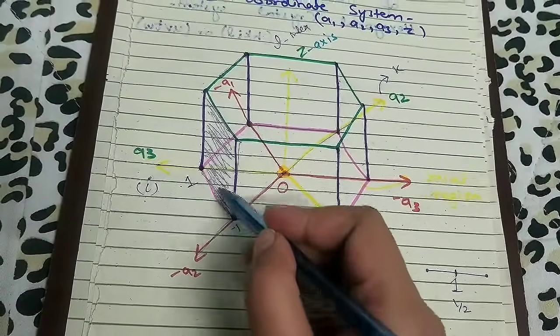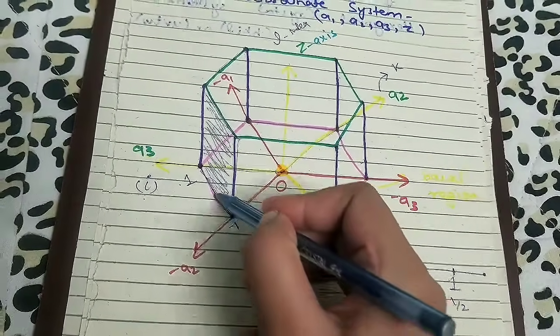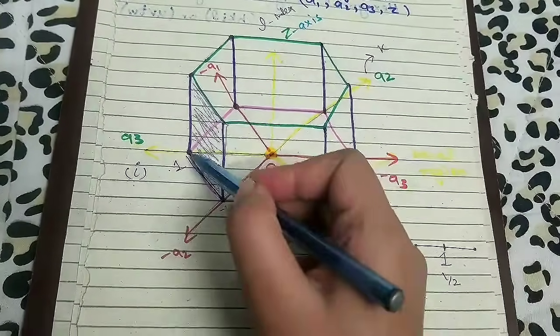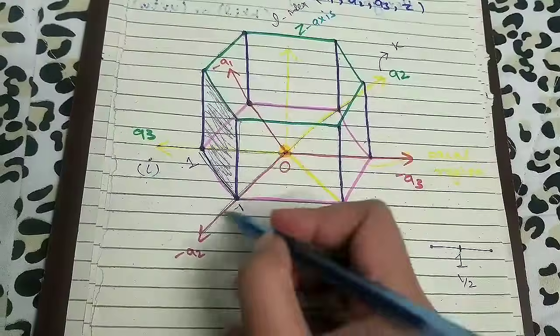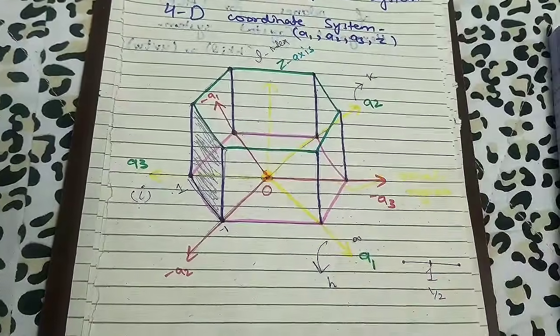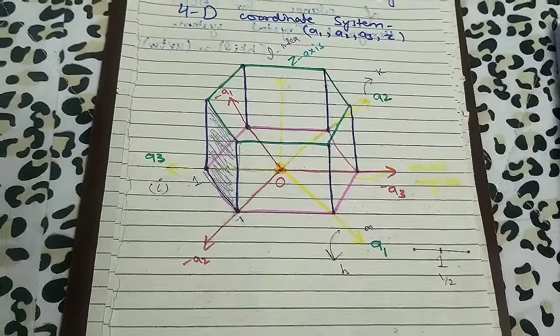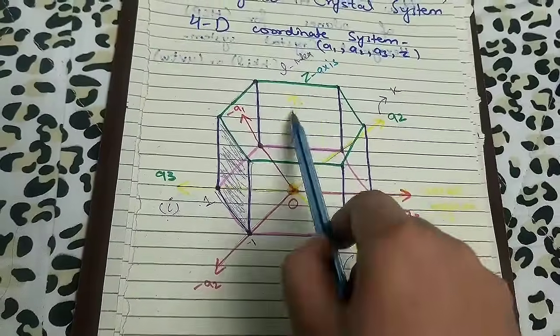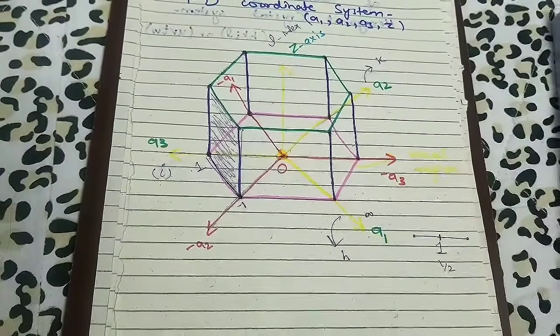We can also see the boundary lines here. This boundary line is clearly parallel to the A1 axis, which is why its intercept will be taken as infinity. Similarly for the z-axis, the intercept will be taken as infinity, because the boundary lines of the plane are parallel to the z-axis.